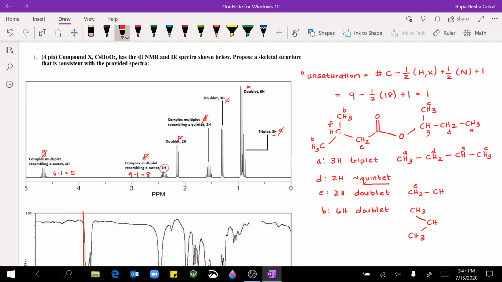So if you build a structure and you have enough time, you can go back and make sure each of those signals you would justify as what's showing in the HNMR. And then there's really no denying that your structure fits. It fits the number of unique hydrogens, it fits the splitting patterns, and it fits the chemical shift. I can't ignore one or the other. They're all equally important for getting the correct structure.